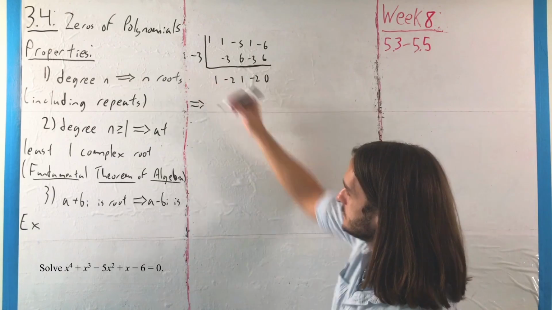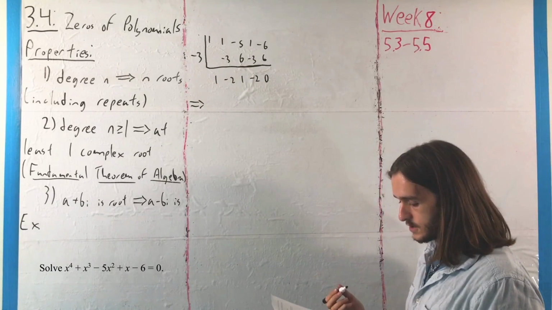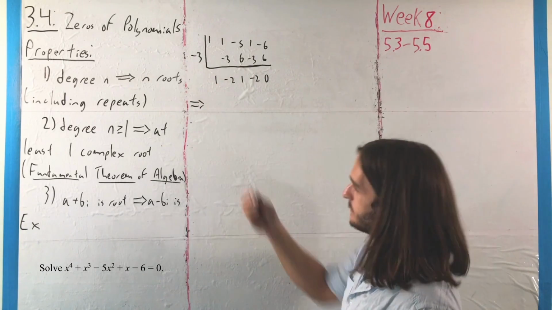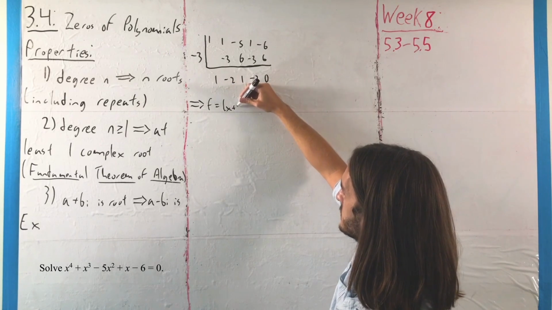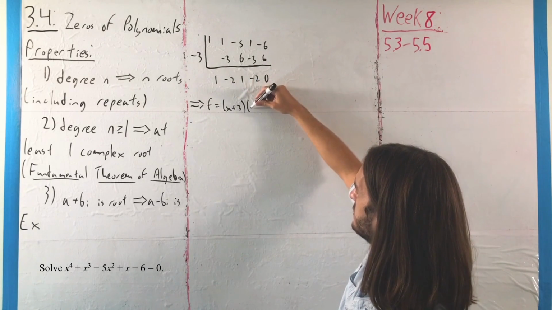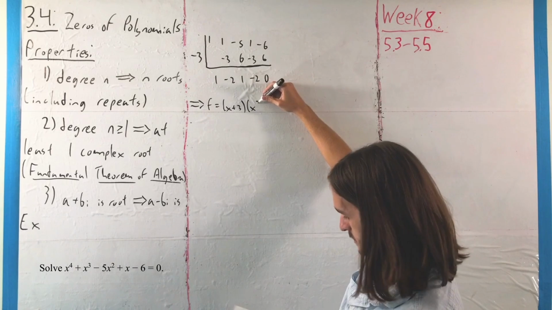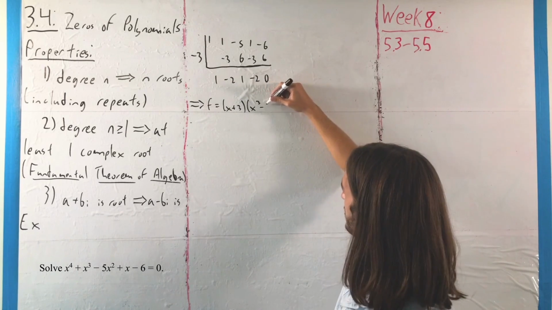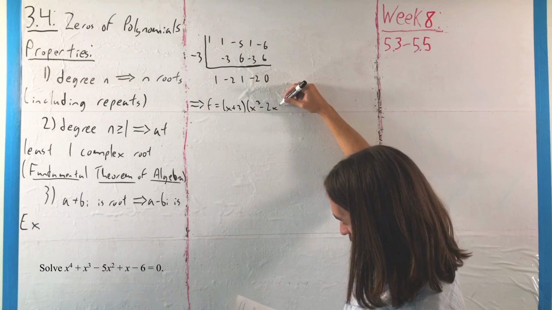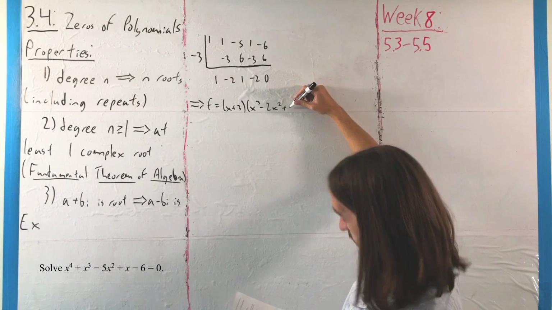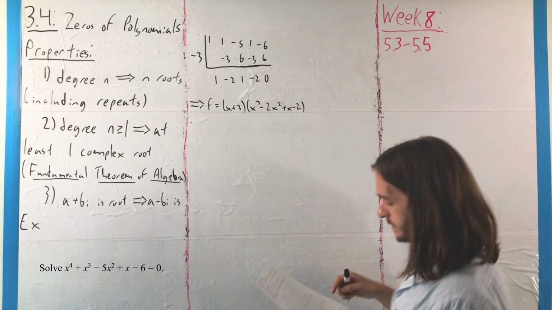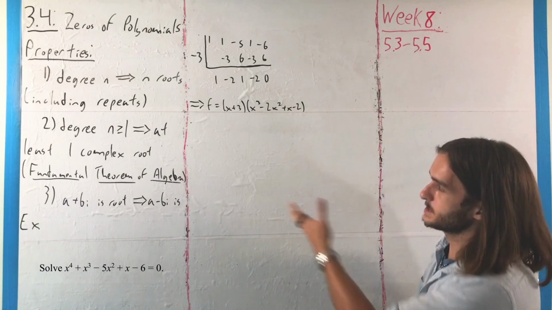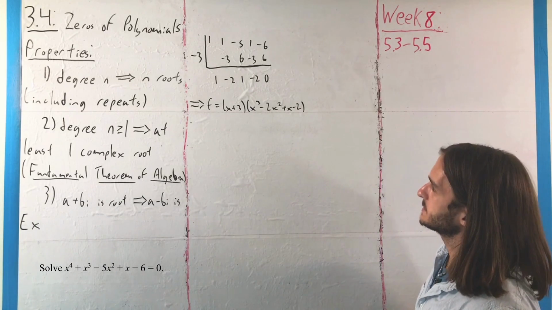That if we take this here, what we have is one potential factorization, f is equal to x plus 3 multiplied by x cubed minus 2x squared plus x minus 2. And I'm low on space here, so I'm going to try and make this fit as best I can, but it's a little bit tight.